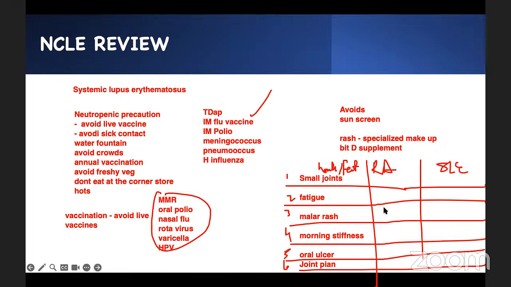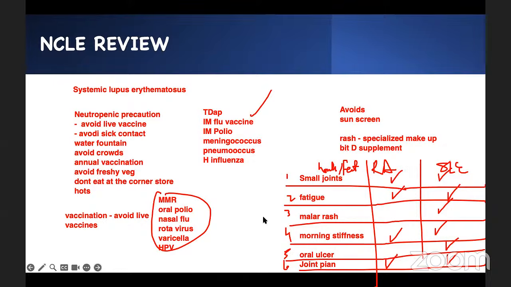I can tell you there's no malar rash in the rheumatoid, so it will be systemic lupus. Both of them are going to have morning stiffness because it's a joint problem. They're both going to have joint pain. And both of them are going to get tired. In small joints, both of them are going to have it.